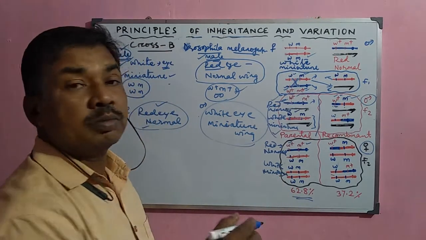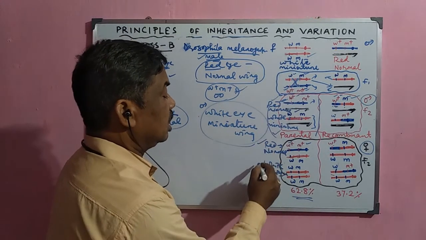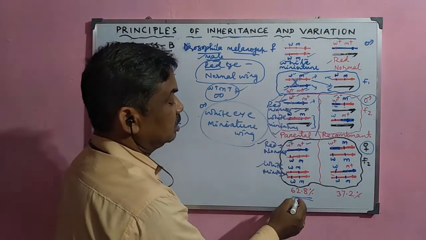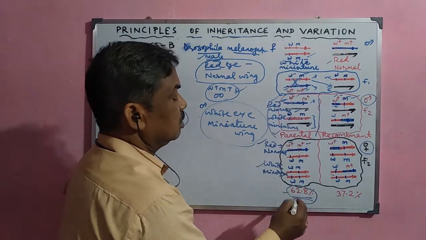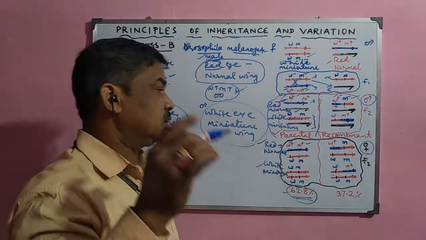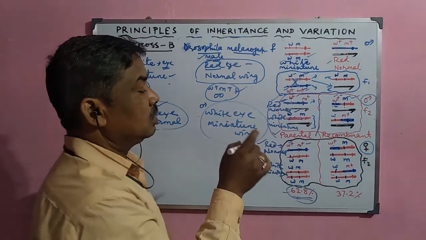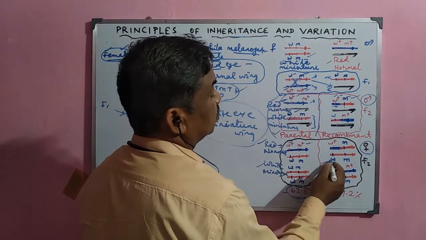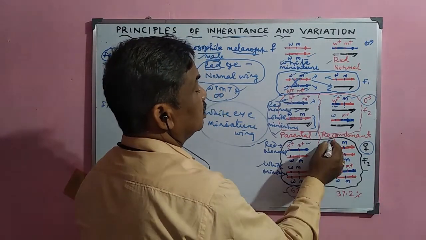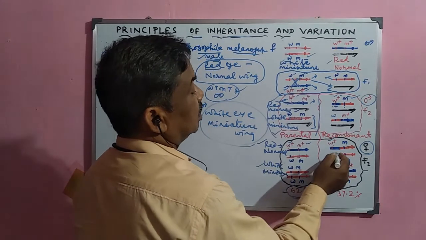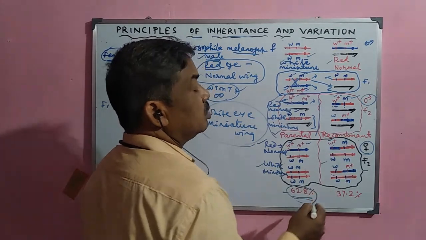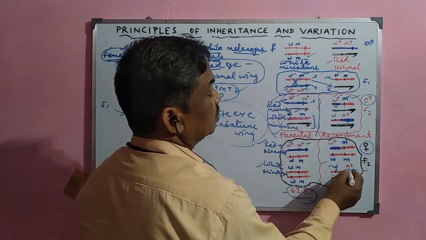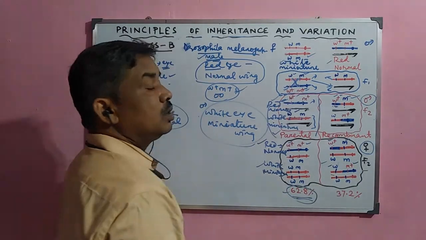So these are observed here, and this combination are the parental combination which was there, and this parental combination is observed here. It is around 62.8%, and here also two new combinations were observed. Now this red eye is also combined with your miniature wing, and your white eye combined with your normal wing.